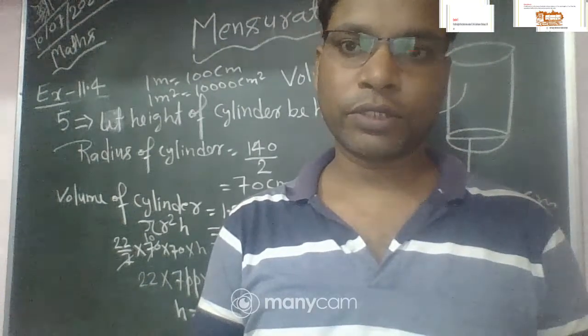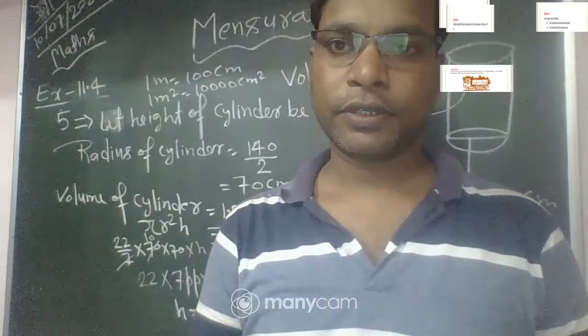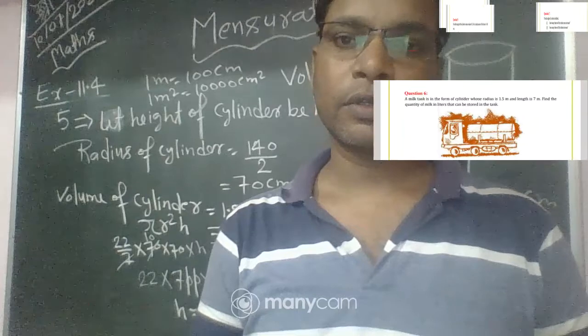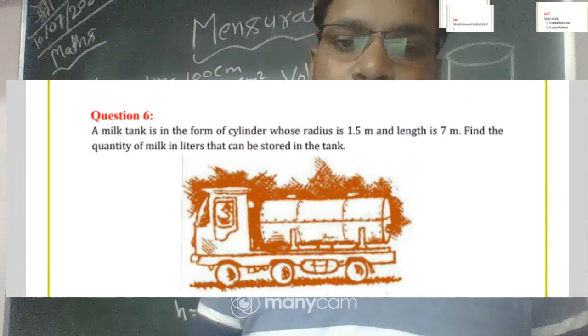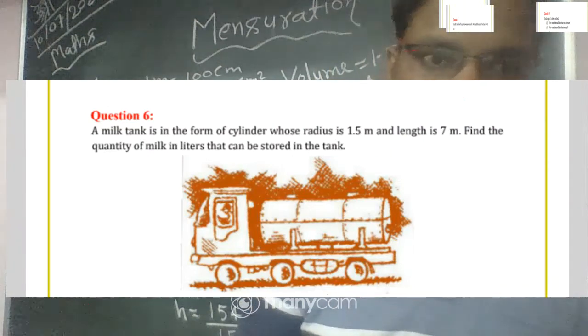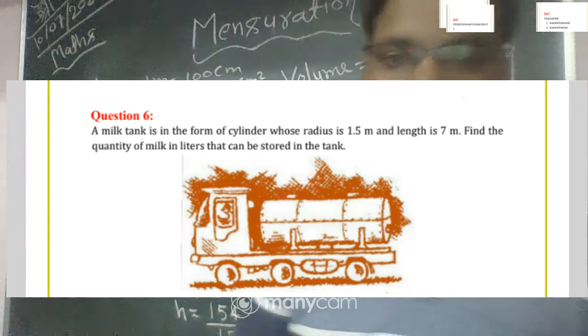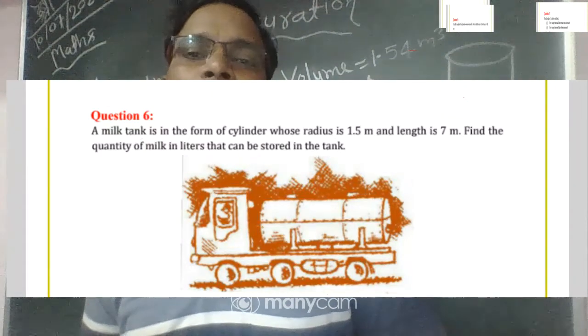So let's see question number 6. This is on your screen. You can see, this is question number 6. A milk tank is in the form of a cylinder whose radius is 1.5 meters and the length is 7 meters.